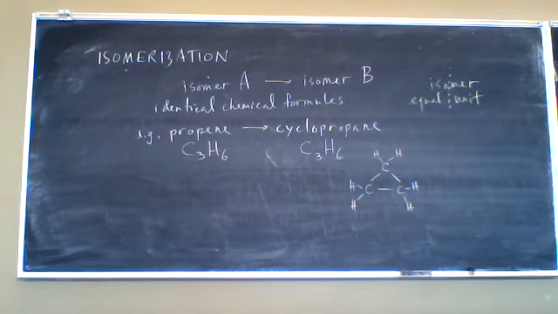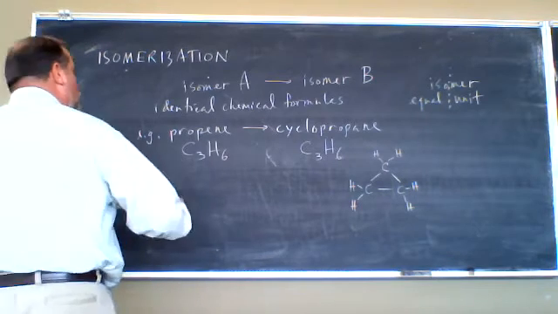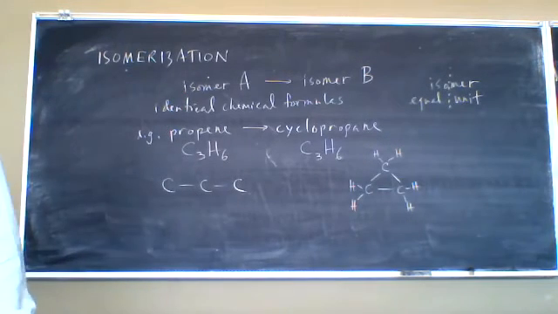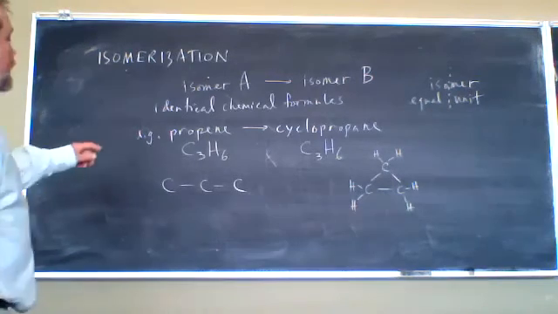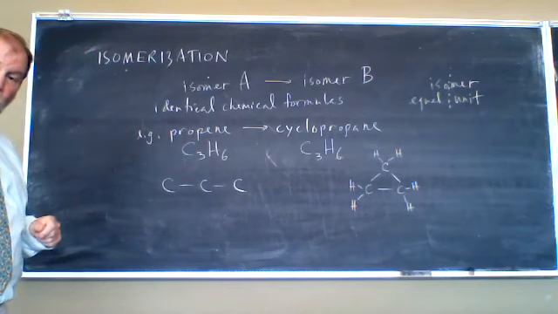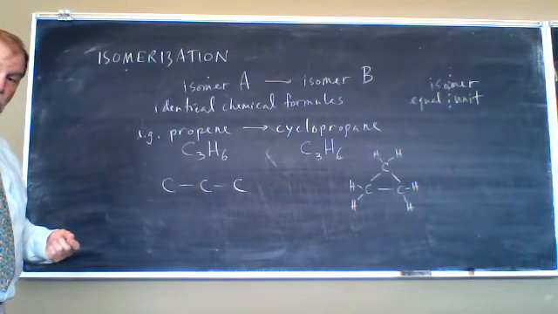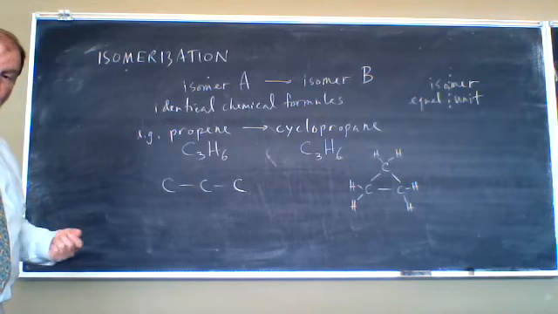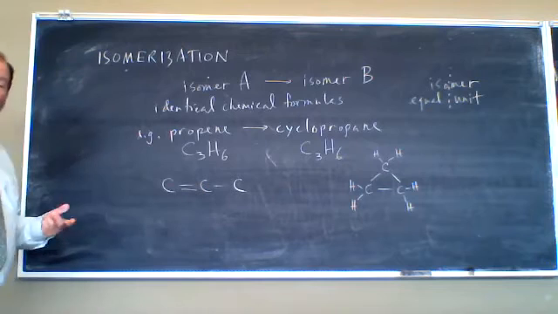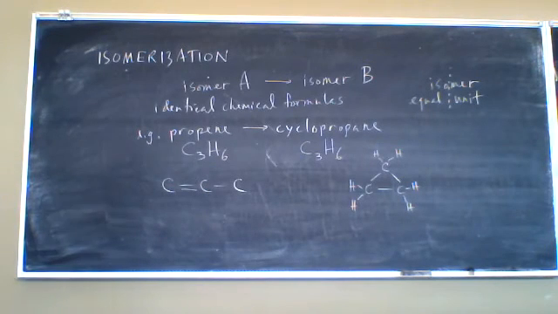Now, the attachment is what differs between these 2 molecules. For propene, the 3 carbons are laid out in a straight line. There's no cyclo. Further, this -ene suffix tells us that there is a carbon-to-carbon double bond. Remember, in benzene, we had alternating carbon-to-carbon single, carbon-to-carbon double bonds. It doesn't really matter which one, but one of these bonds between the 2 carbon atoms has to be a double bond.